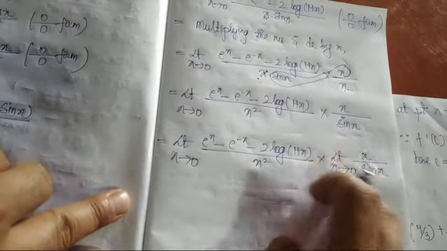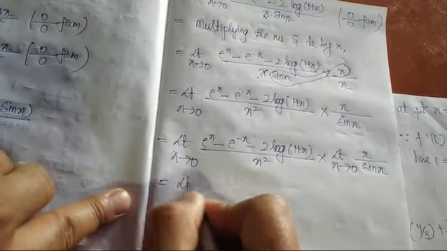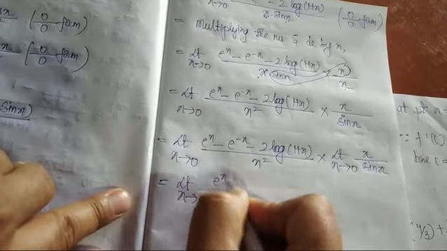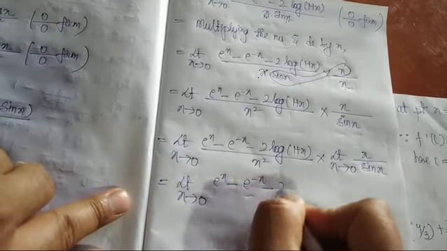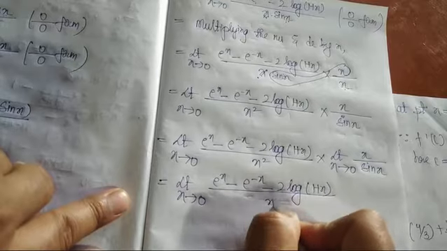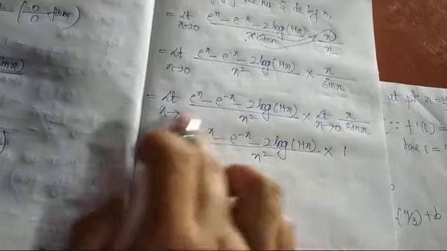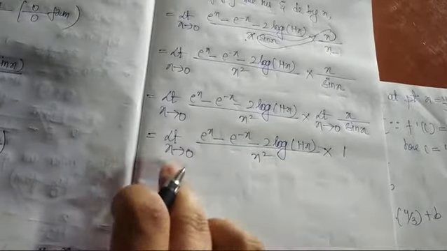Therefore the value for this limit is only 1. So we have limit x tending to 0 of e to the power x minus e to the power minus x minus 2 log 1 plus x, divided by x square, into 1. I hope you're clear with this. Now we are only left with this limit. Let us again check the form.